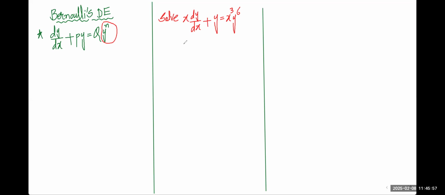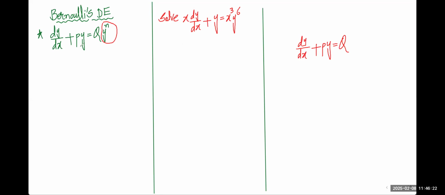What is linear differential equation standard form? Can you tell me that? dy by dx plus p of y is equal to q. Can I write here: dy by dx plus p of y is equals to q is a standard form of linear differential equation.